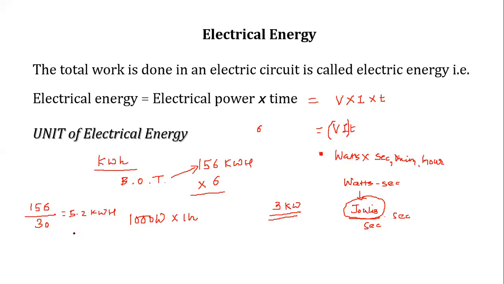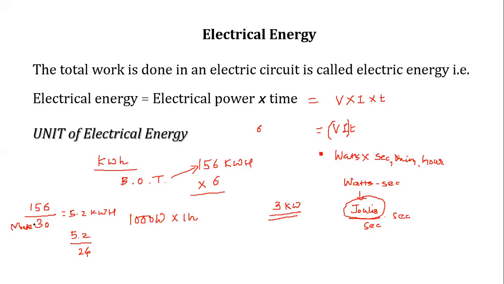Now, if I have to calculate on a given day how much power he is consuming per hour, I need to divide this by 24, right?